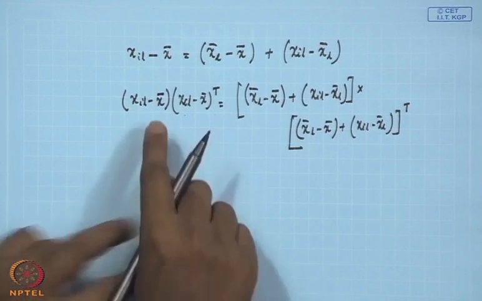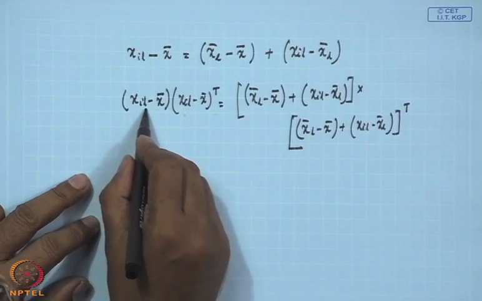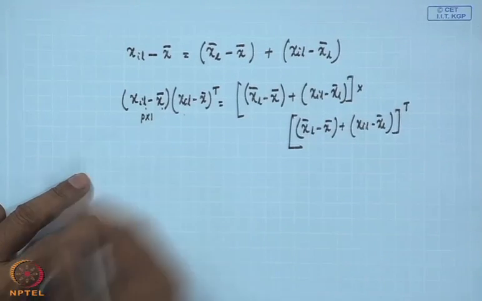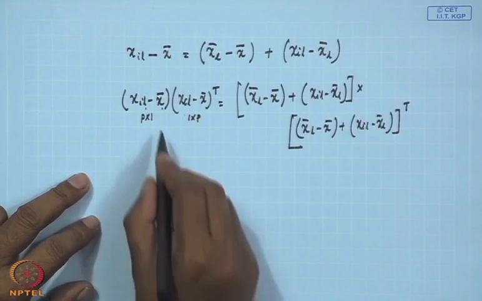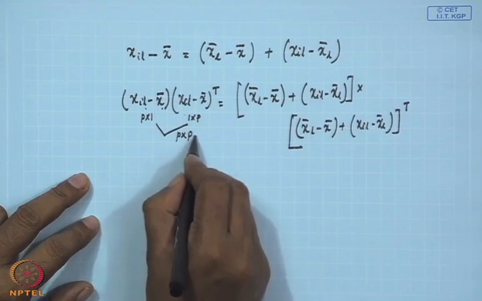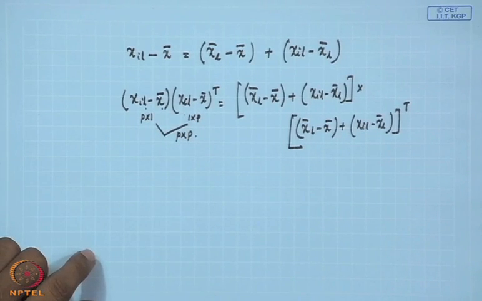Correct. So, our XIL minus x bar is a P cross 1 matrix, the transpose will be a 1 cross P matrix and the resultant will be a P cross P matrix, that is what we want also.